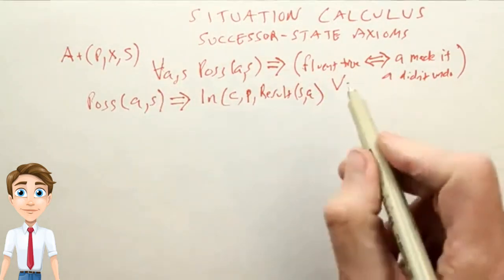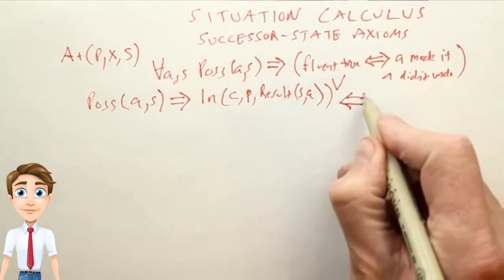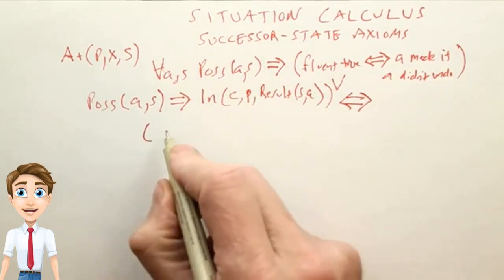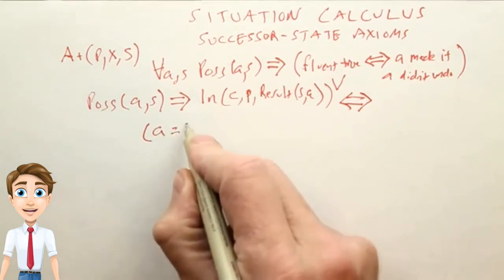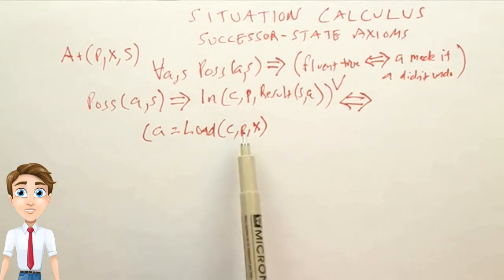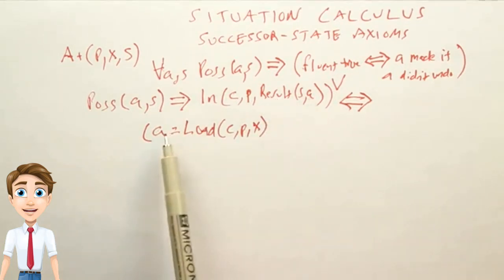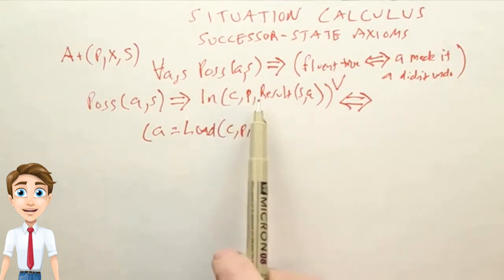So that in predicate will hold if and only if either A was a load action, so if we load the cargo into the plane, then the result of executing that action A is that the cargo is in the plane.